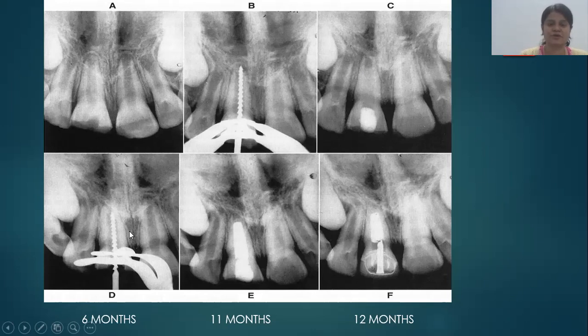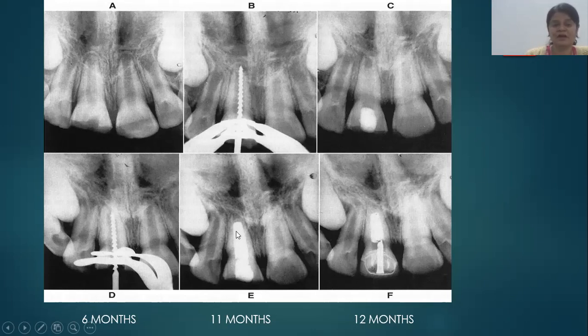Again, the patient was recalled after 6 months, and another radiograph was taken. After confirmation of a positive barrier by clinically checking the barrier using a file, which was confirmed by taking a radiograph, you can see a dome-shaped radiographic appearance at the apex.